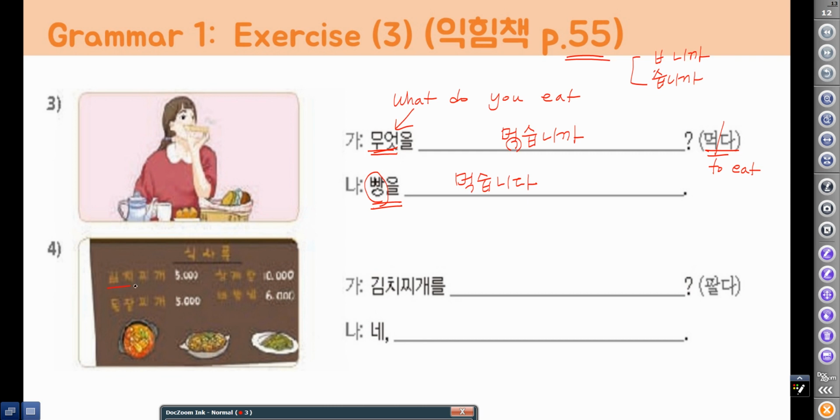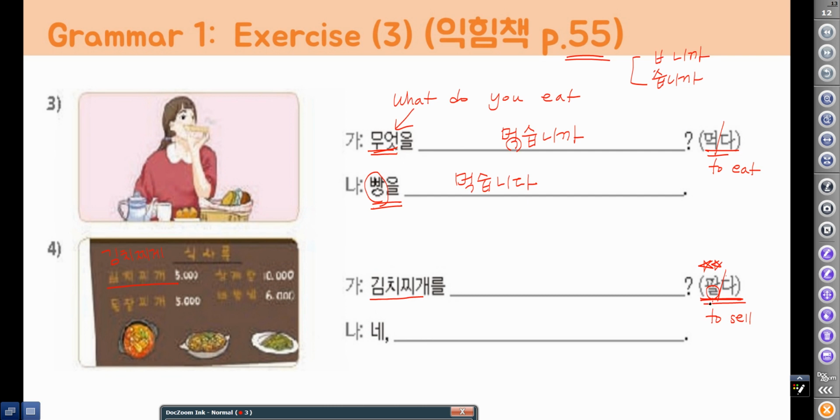So they have 김치찌개 here. The kimchi stew, 팔다. This word means to sell. So, do they sell kimchi stew? 김치찌개를 팔다. Remember, ㄹ irregular.